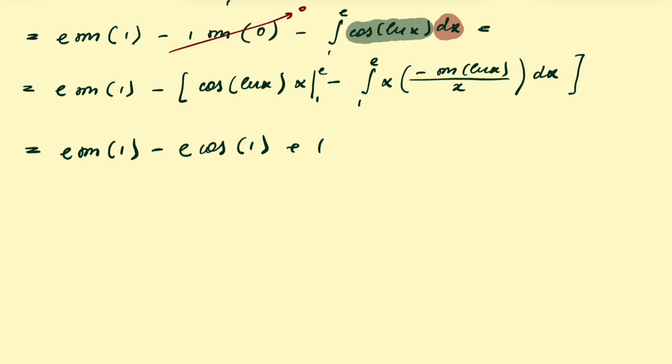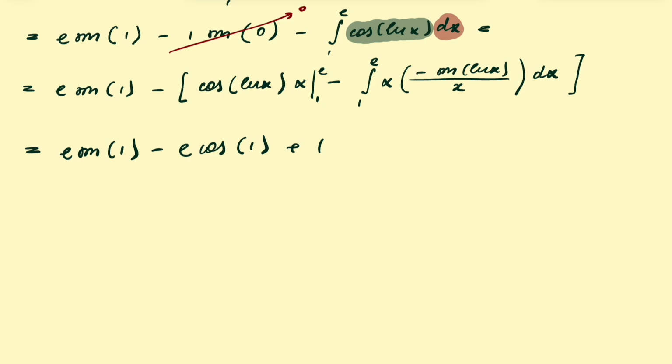Okay, and here let's see what happens. The two x's cancel out each other, and we have plus the definite integral from 1 to e, but we also have minus here, so in the end we are left with the minus sign.